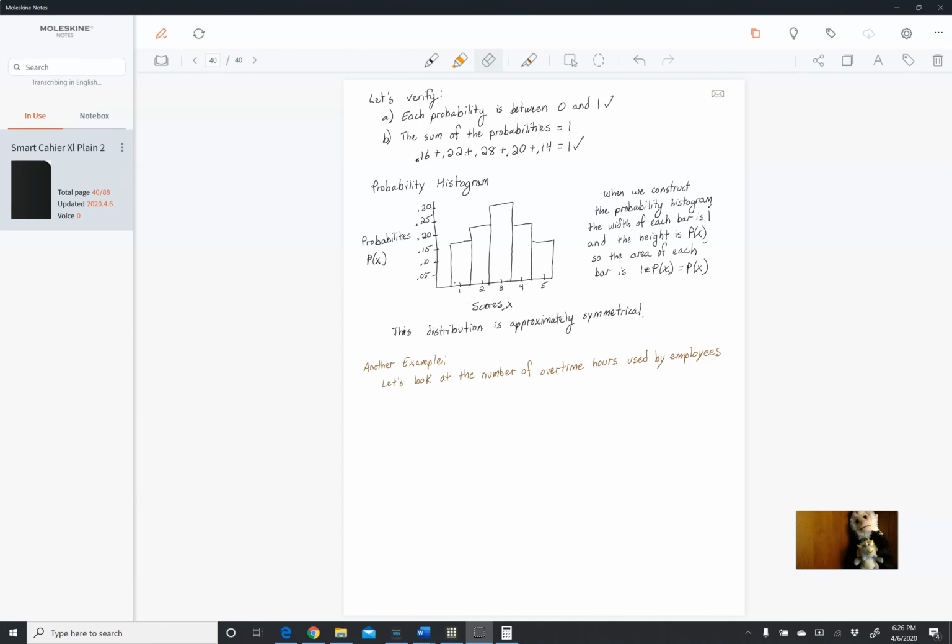So I'm going to give you the frequency distribution, okay? So we have the overtime hours. I'm going to do this horizontally instead of vertically. And we're going to have the number of employees that take that number of overtime hours.